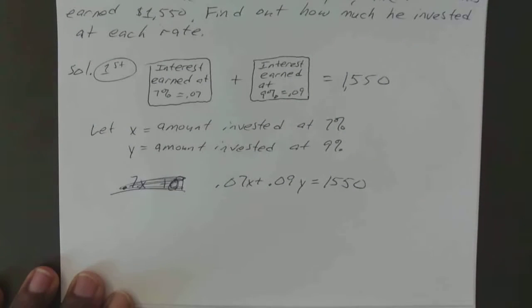But we also know he invested a total of $20,000, which means that whatever he invested at 7% plus whatever he invested at 9% will total $20,000. So that gives us our second equation.